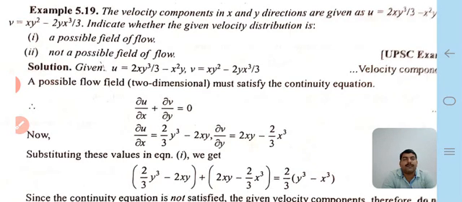Indicate whether the given velocity distribution is a possible field of flow or not a possible field of flow. Two parts are asked.